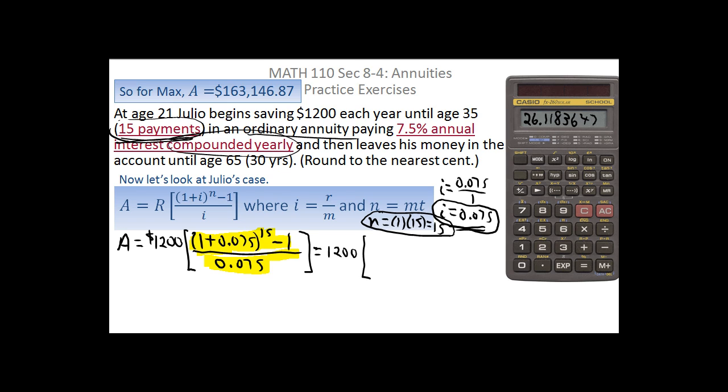And that's the entire fraction. I haven't been writing down the intermediate steps so far, but that's a big one, so I'll write that down: 26.118367.